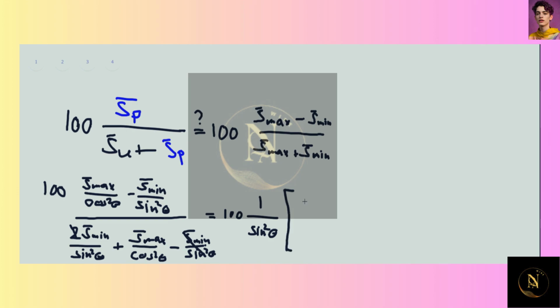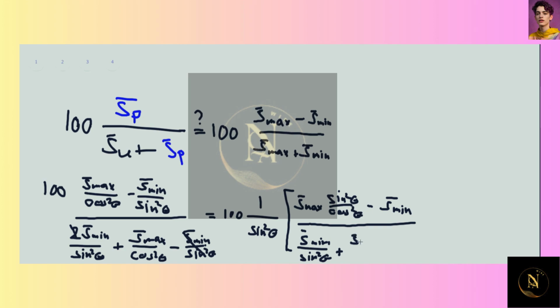And having factorized that, we end up with S bar max of sine squared theta divided by cosine squared theta minus S bar min, divided by S bar min over sine squared theta plus S bar max over cosine squared theta.